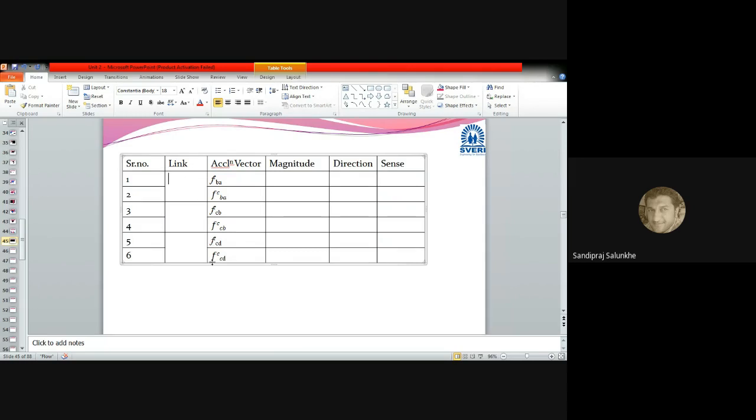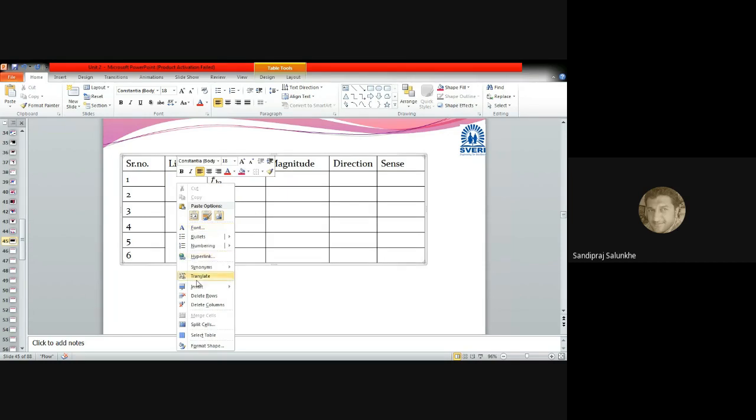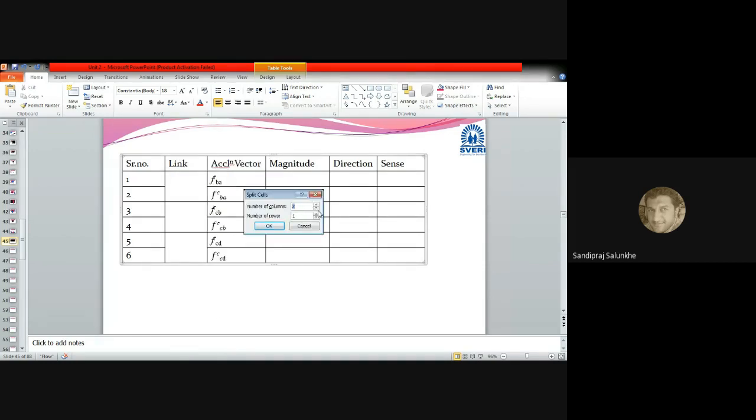So which link can we take first for finding out the acceleration vectors? कुठली लिंक आपण पहिल्यांदा घेऊ शकतो? कुणी?